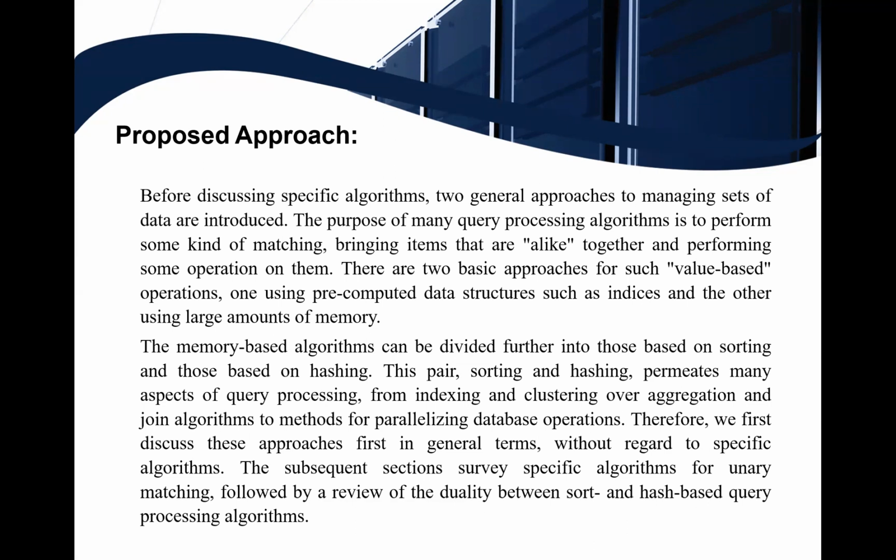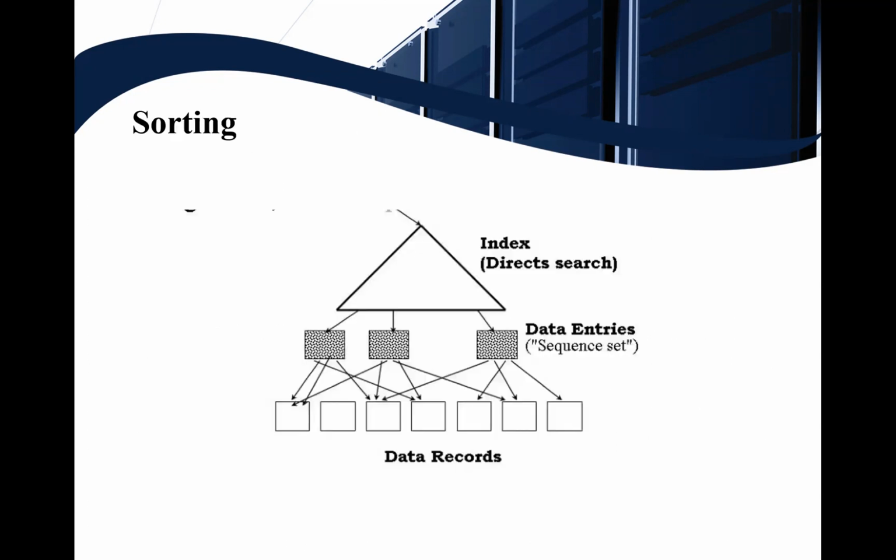In sorting, the most commonly used methods are merge sort, which we all know was discussed in data structures, and also B plus tree, a single buffering tree and then a double buffering tree. I'll show you what that is.